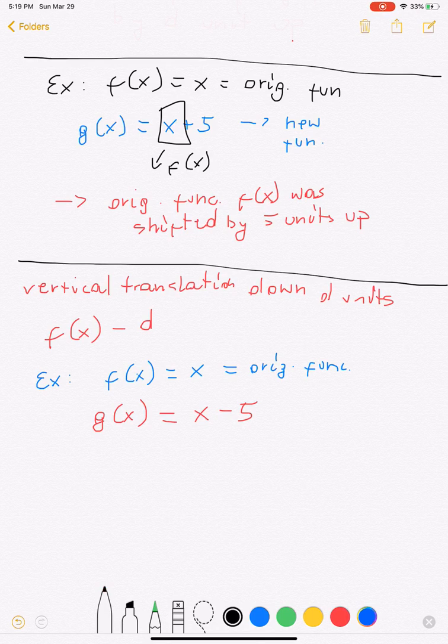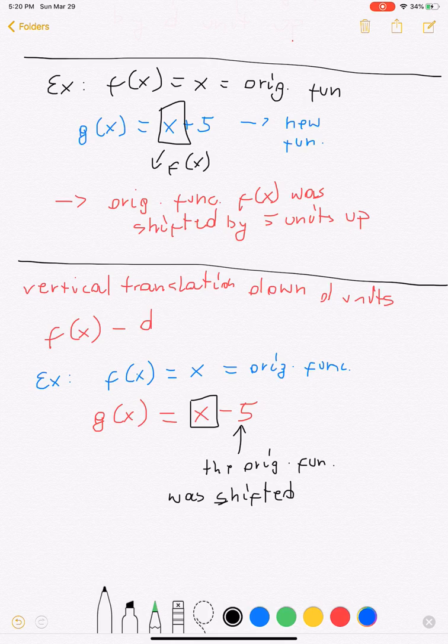So like you see, g of x looks like the original function. The only change that we have is that minus 5. That negative 5 tells you that the original function was shifted down 5 units.